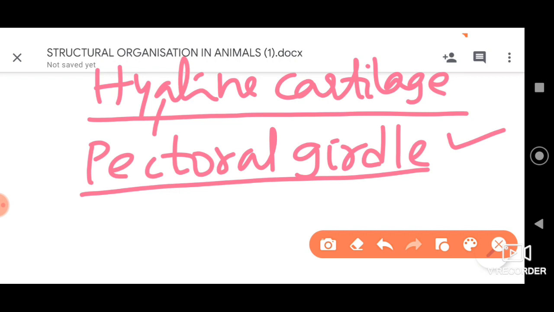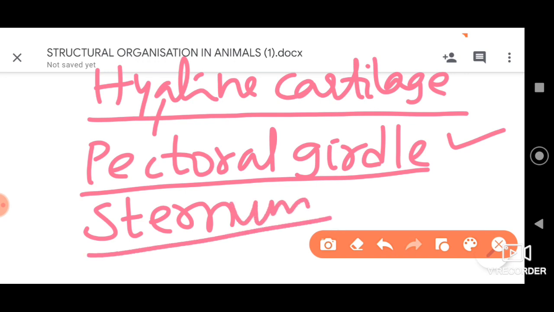There we can find the hyaline cartilage in the sternum, the bone present in between the left and right lungs, to which the ribs attach. Just remember, at the thoracic cavity we have the strong bone called the sternum, to which the ribs attach.